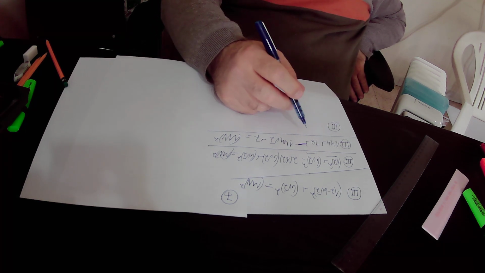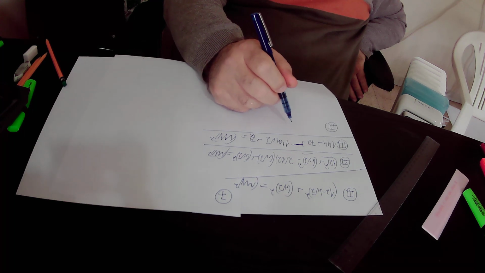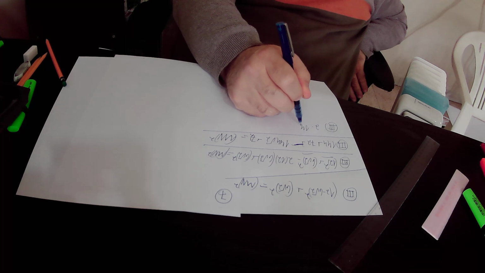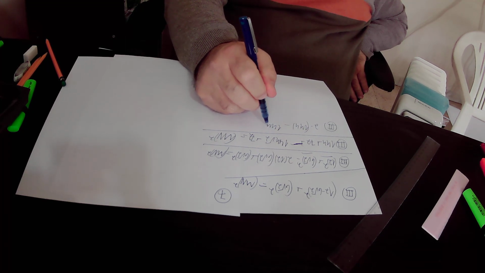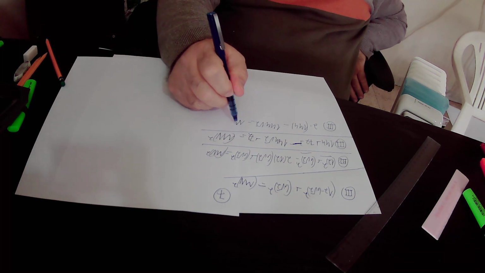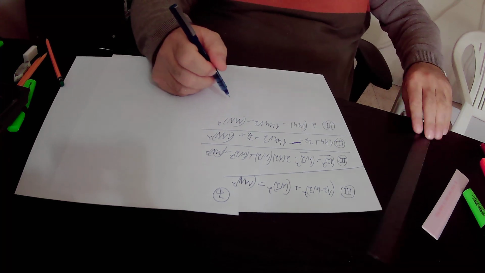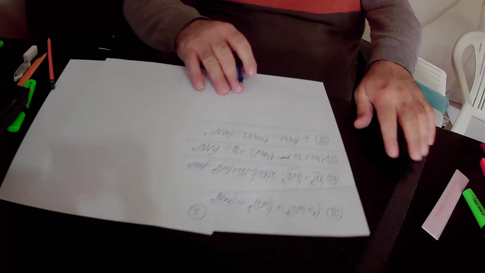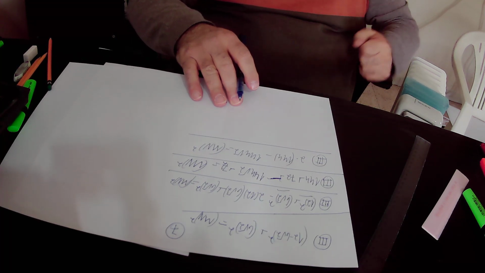We have 144, and 72 plus 72 is also 144. 144 plus 144 is 2 times 144, minus 144 times square root of 2, it is equal to MN squared. Here we will take 144, a common factor, out of those two expressions.